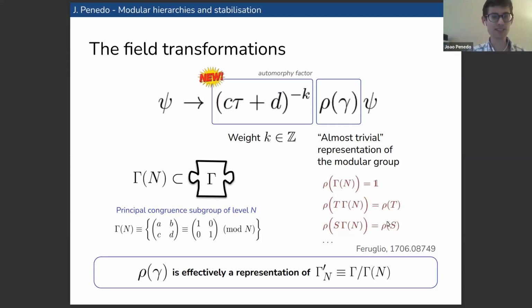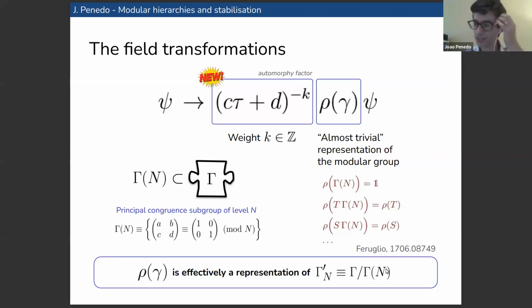Because it's a normal subgroup, every element of the full modular group can be written as some element times an element from this gamma of n. So the point here is that you throw away an infinite part and you get essentially this quotient here, gamma prime n, which is the full modular group quotiented by this gamma of n. And this is a finite group. And then you know how to deal with finite groups. You get the unitary representations, and that's it.